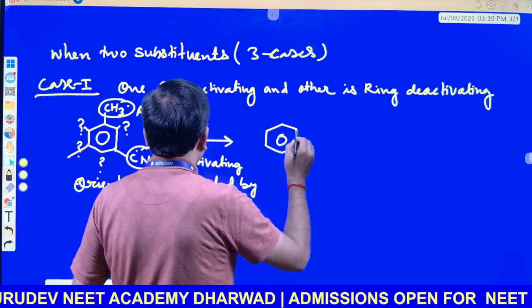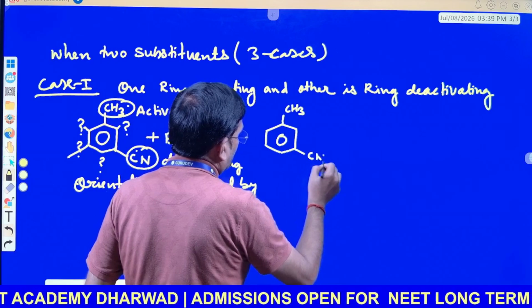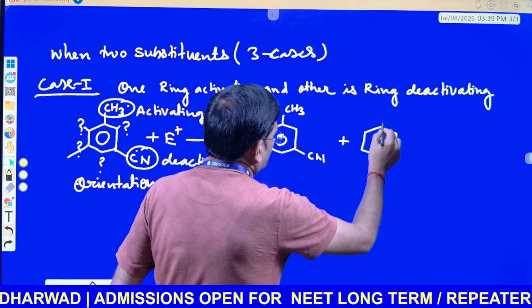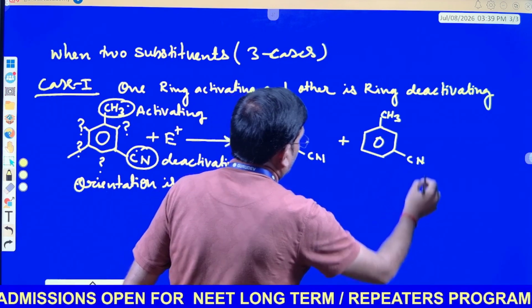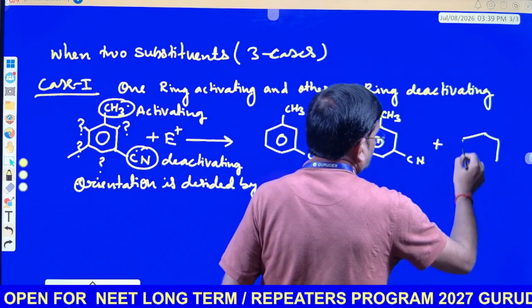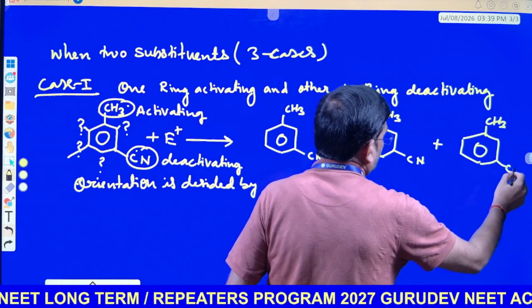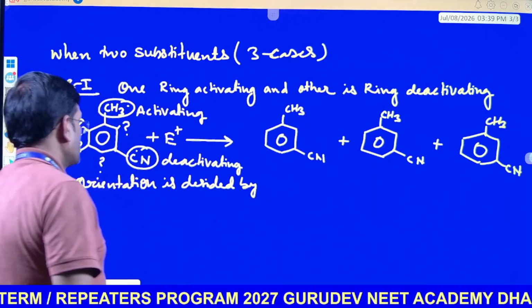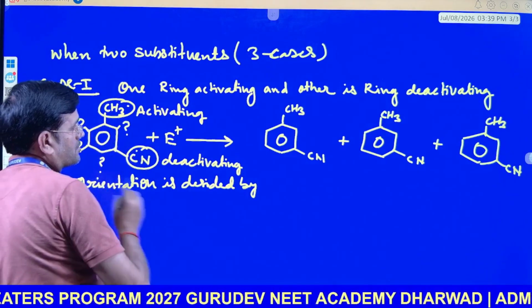So I'll write all the isomers: CH3, CN, plus CH3, CN, plus CH3, CN. 3 isomers will form. How? Just see. These two are ortho.